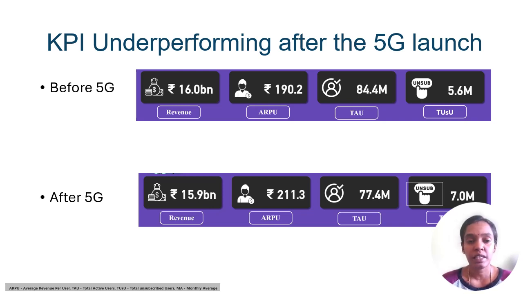And also we can see that average revenue per user has risen from 190 rupees to 211 rupees. This can be attributed to certain high costing plans which are performing well. If we can find and highlight those plans and market them, we can achieve bigger revenues.